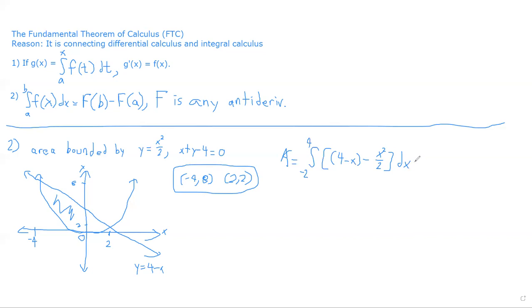And that is equal to, just simply take the antiderivative of all this, 4 minus x minus x squared over 2.